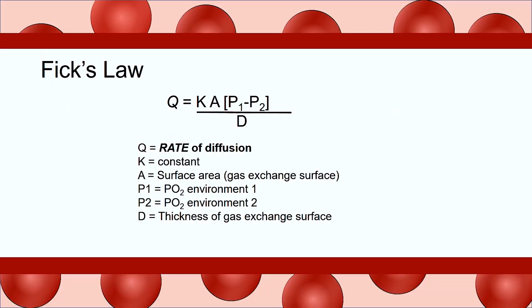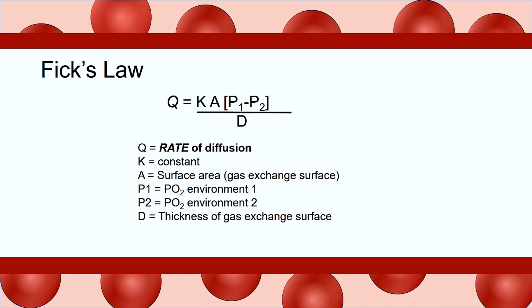Once we have that concentration of oxygen in solution, we then have to rely on Fick's law to describe the movement of that gas from the water in the alveoli into the tissues of the lungs and subsequently into the capillaries within the lungs.